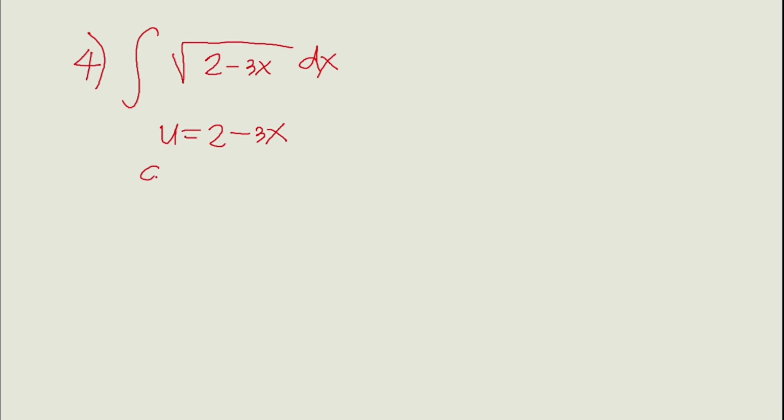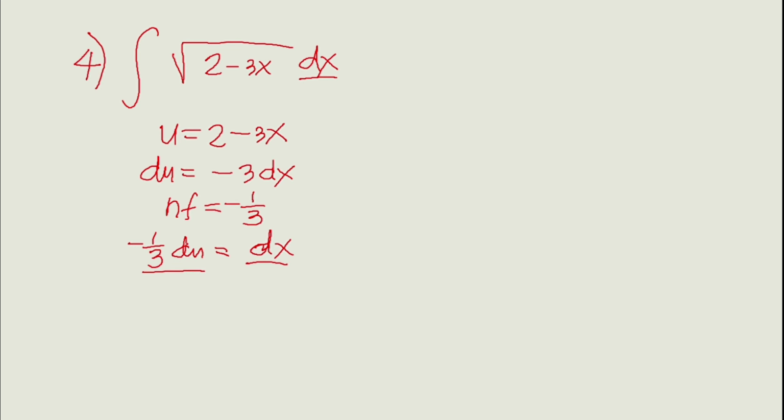Let's try. du is equal to negative 3 dx. Since this is negative 3 dx, and there is no 3 here, we need to have the NF, which is negative 1/3, the neutralizing factor. So this negative 1/3 du is equal to dx. So we have now dx as negative 1/3 du, and the value for this 2 minus 3x is u.